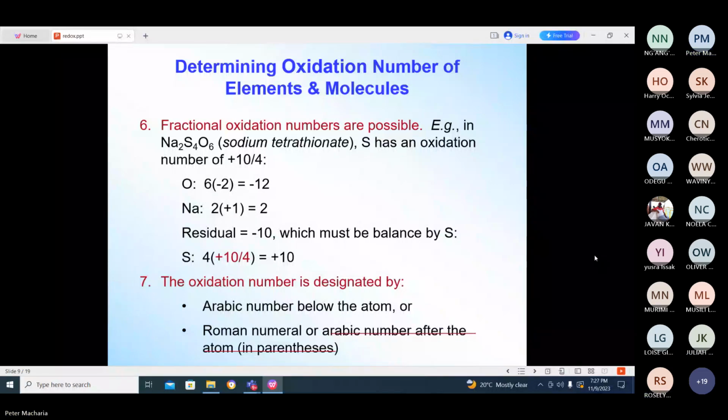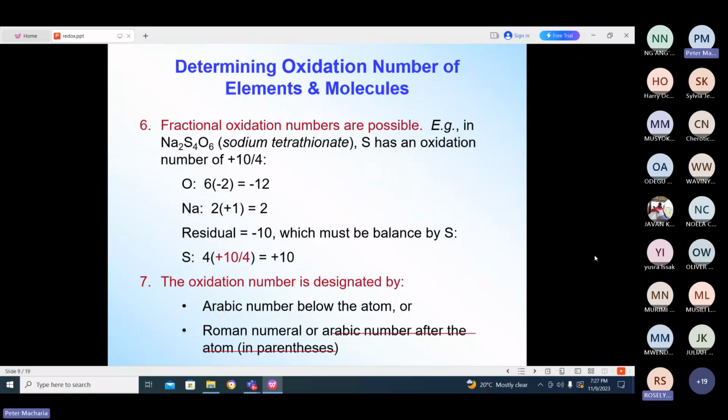So what is the oxidation state of sulfur in sodium thiosulfate? Because that is thiosulfate. It means that 4 times sulfur is equal to 10. So what is S? 10 over 4 is 2.5.